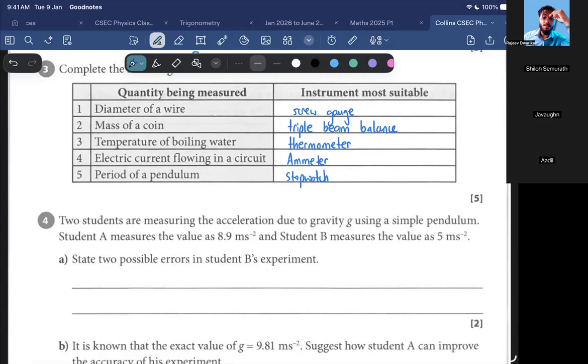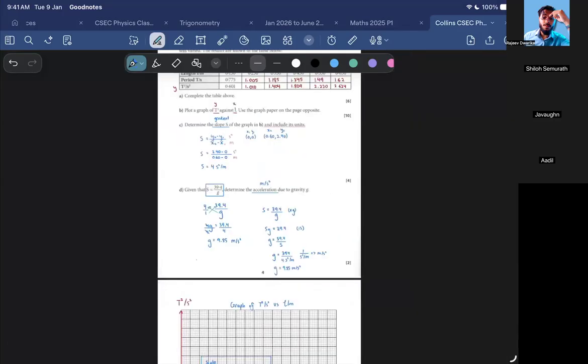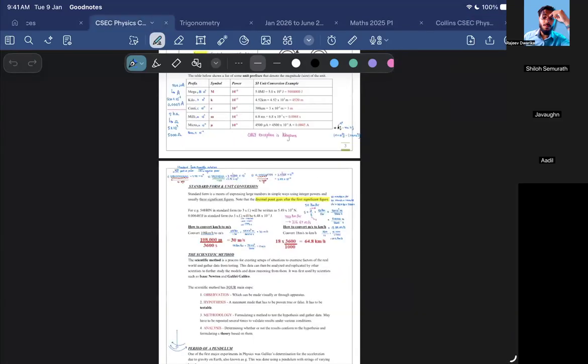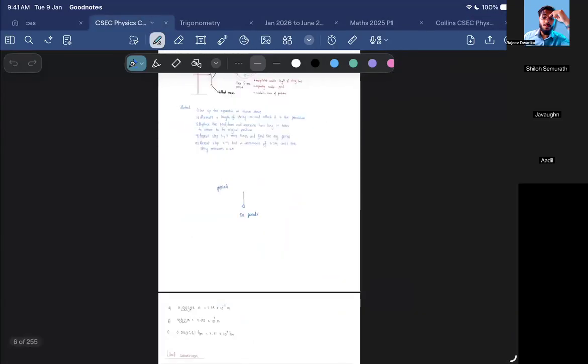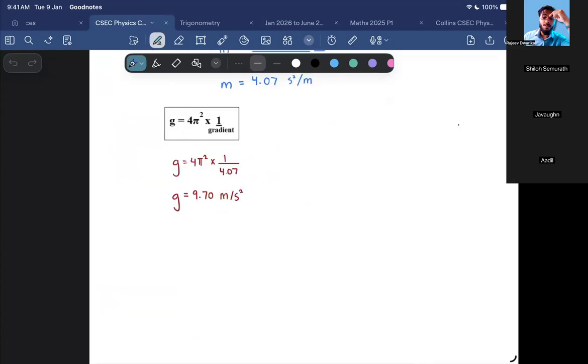Around 9.81 to 10. That's something we just calculated actually. Remember in the last question we found g, you got 9.85, and then we calculated over here and had got 9.7. So like 9.81 to 10.